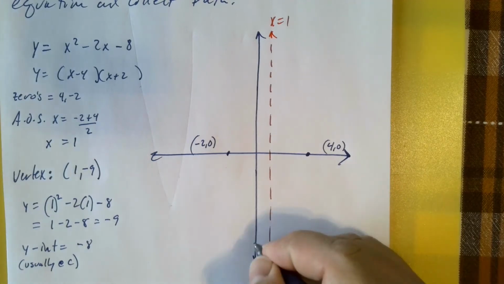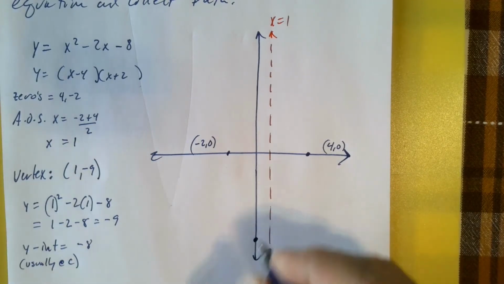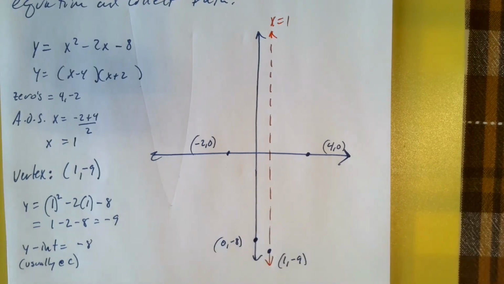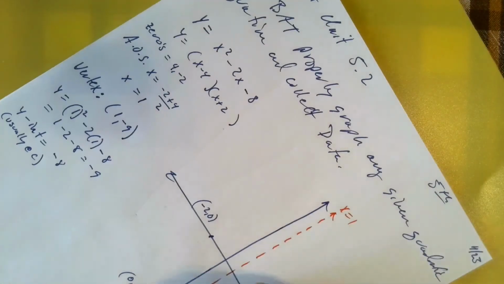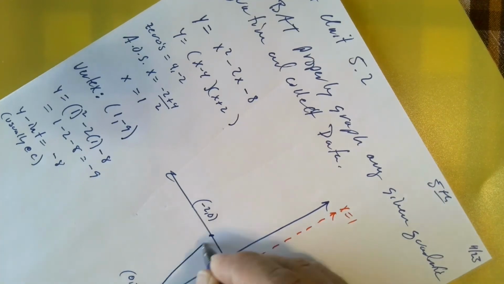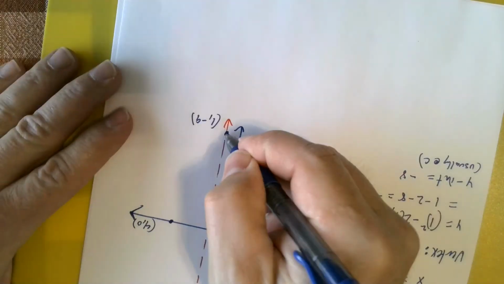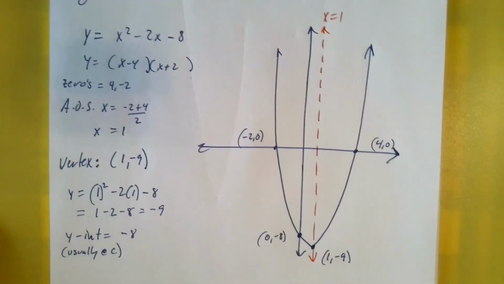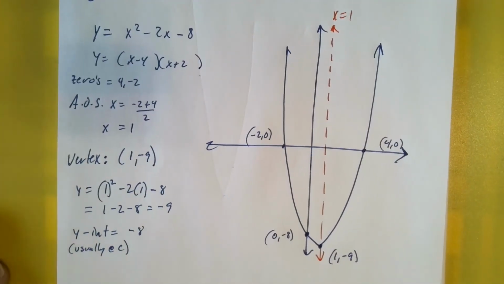So I'm going to be right here, and let's say that this is 0 comma negative 8, right? Now, then my parabola is going to just make a nice gentle curve up through that point and up through that point, and it is going to look something just like that.